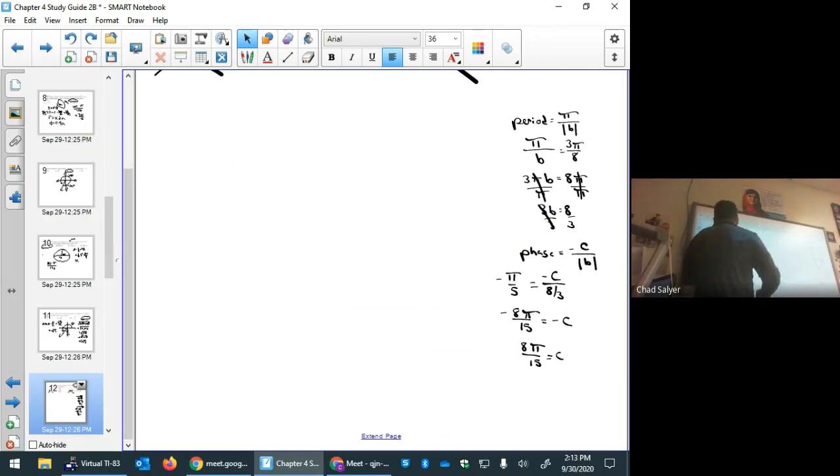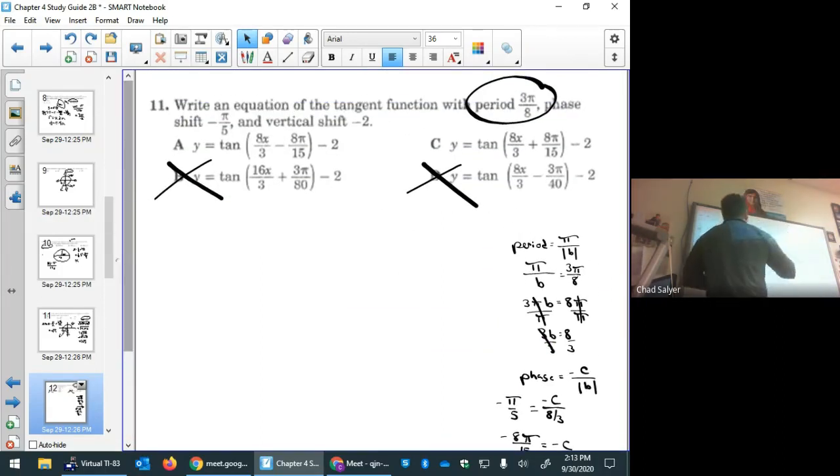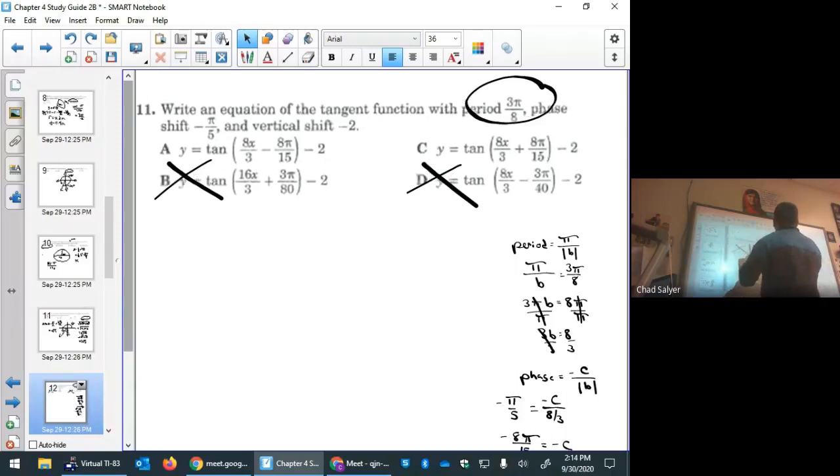So we analyze the phase information, period information, and now we say vertical shift -2. Oh, I see. It's positive here and negative here on A. So therefore, it has to be the positive one. So it's C, as in Charlie.